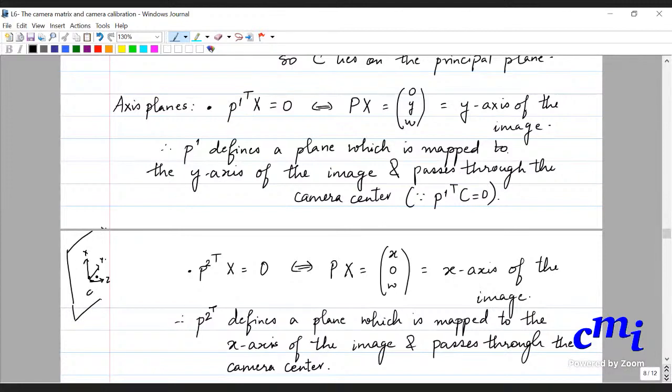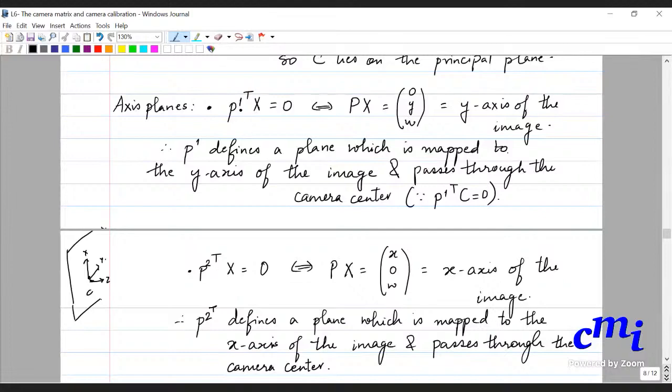This is three-dimensional. With this nomenclature, we have described, say, the XY plane, but there is still the XZ and the YZ plane. Those two planes will be represented by the first row and the second row of P.